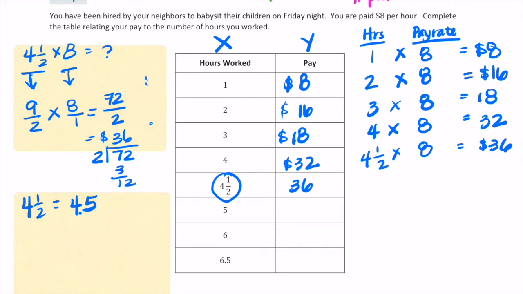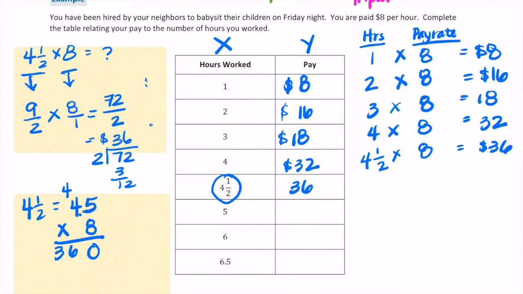And I will say 4.5 times 8 since that is our pay rate. I know that 8 times 5 is 40. 8 times 4 is 32, plus 4 is 36. And as we learned in class today, if we have one decimal place in our problem, then we're going to move our decimal over 1, and our total is 36, which is perfect because that's what we got in the first place.